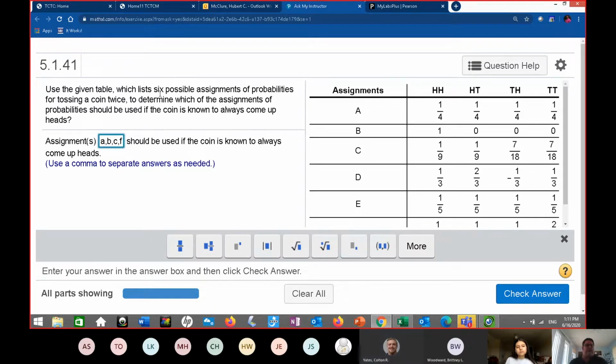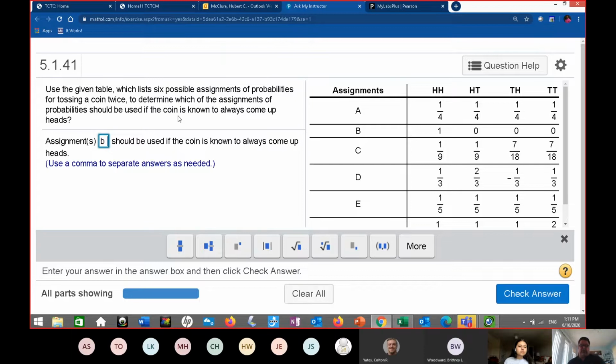Use the given table, which lists 6 possible assignments of probabilities for tossing a coin twice. Determine which of the assignments the probability should be used if the coin is known to always come up heads. B and F. Yeah, I was going to say, I don't like this one. This one's confusing.